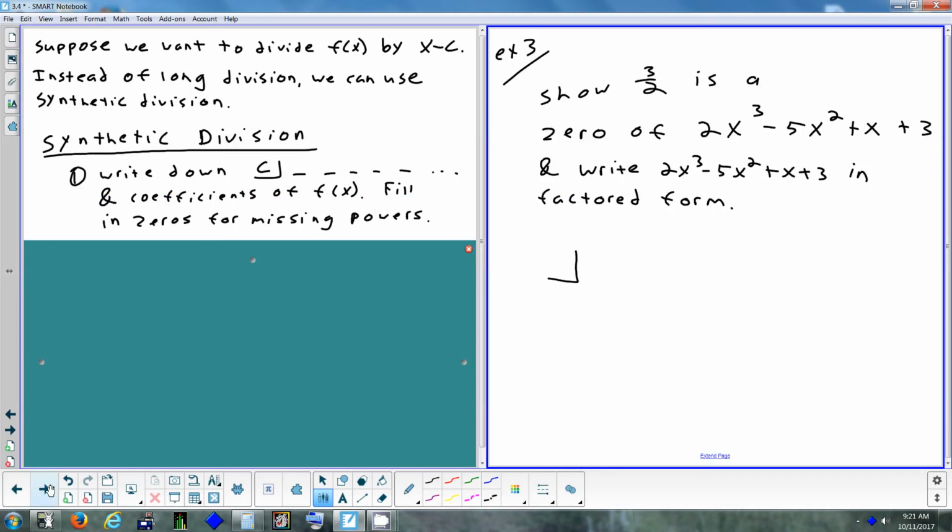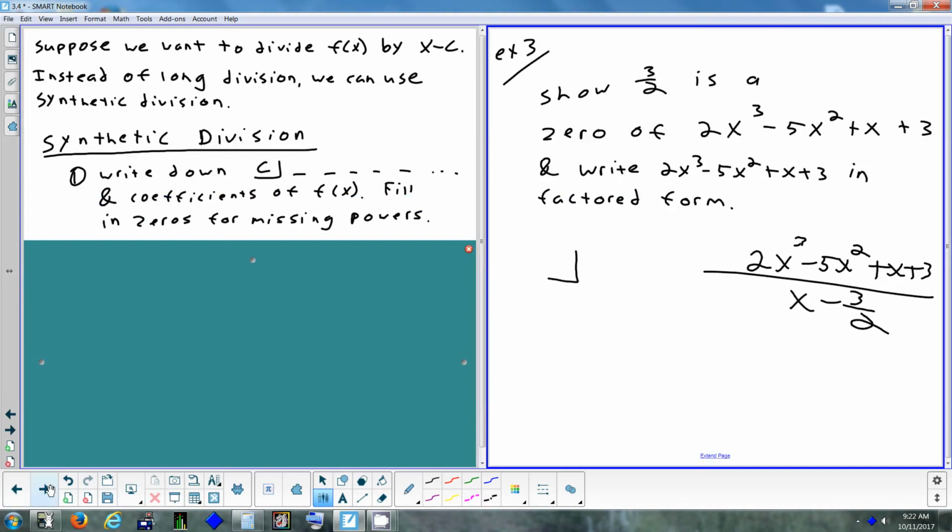What I'm basically doing in this problem is this. It says to show that 3/2 is a root, so I'm going to use what we learned yesterday. If 3/2 is a root, x minus 3/2 is a factor. So I'm going to divide by x minus 3/2.